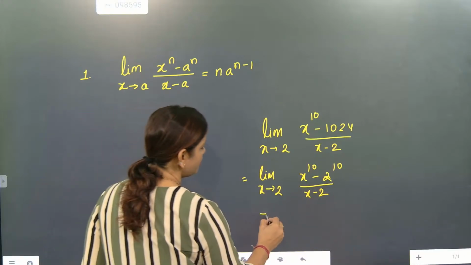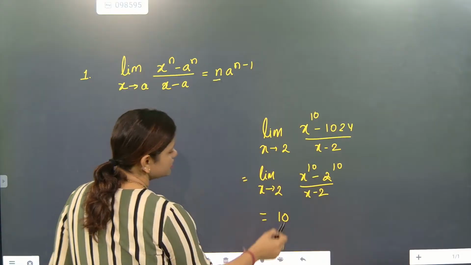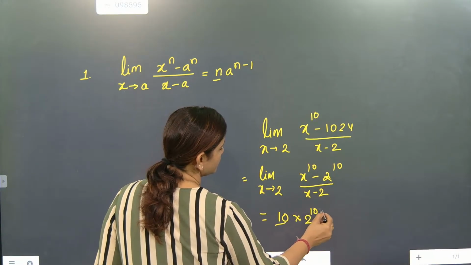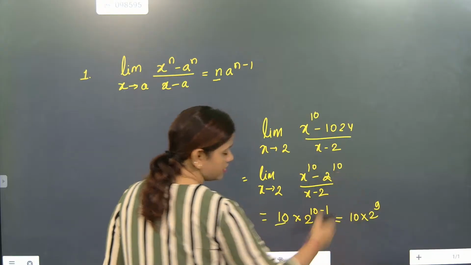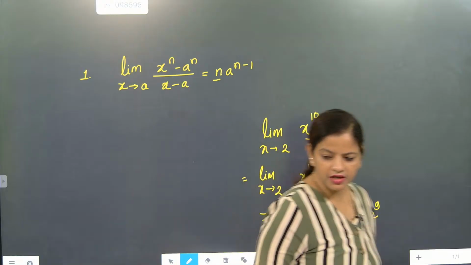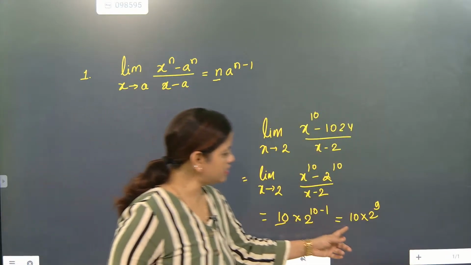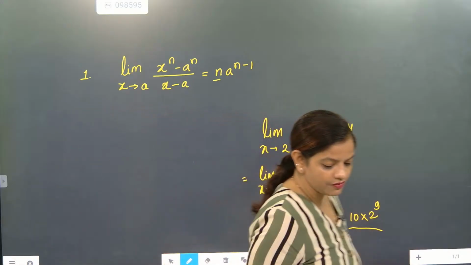So the formula will become n, here 10, into 2 to the power 10 minus 1, so it will become 10 into 2 to the power 9. This will become the answer. You need to remember this part, how we are solving the question.